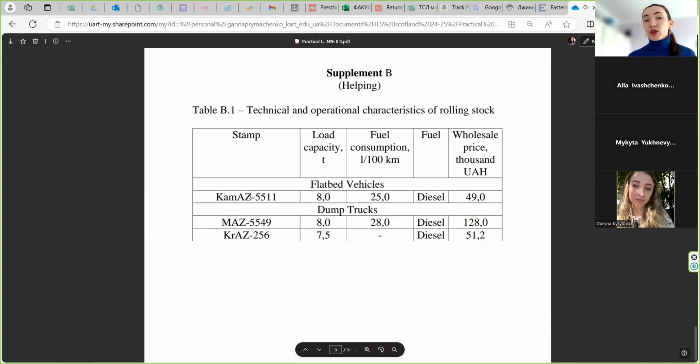So, for example, if you have Kamaz 5511, you need to write 49 yuan and multiply by 1000. Okay, find your price, please. And come back to our formula number 5.